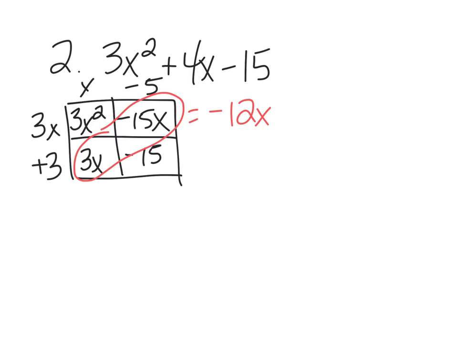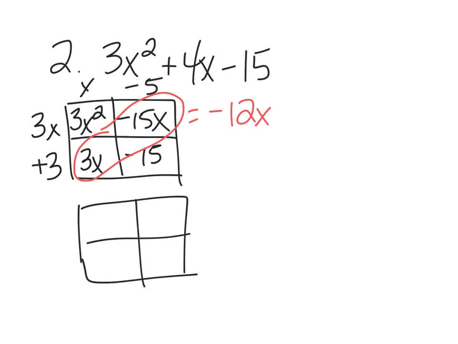So even if I switch the signs around, make that positive 5 and that negative 3, that's going to give me positive 12. So I need to find different factors for negative 15. Let's see, 3x squared, negative 15, 3x and x.